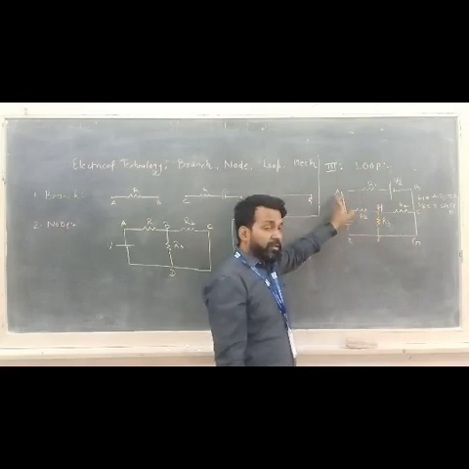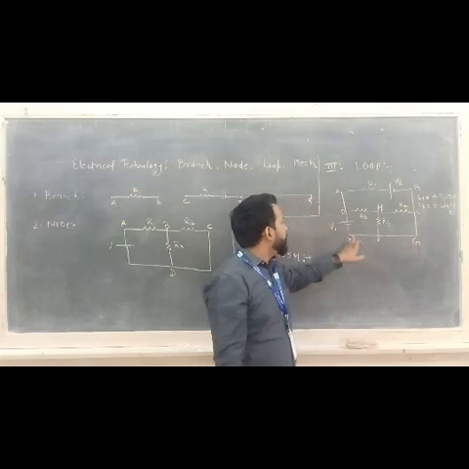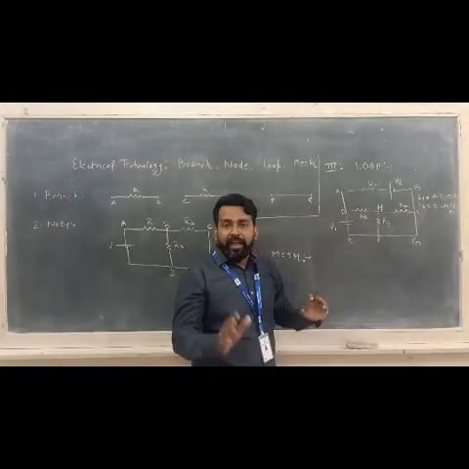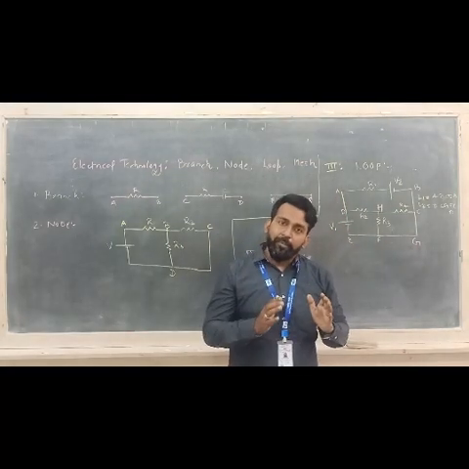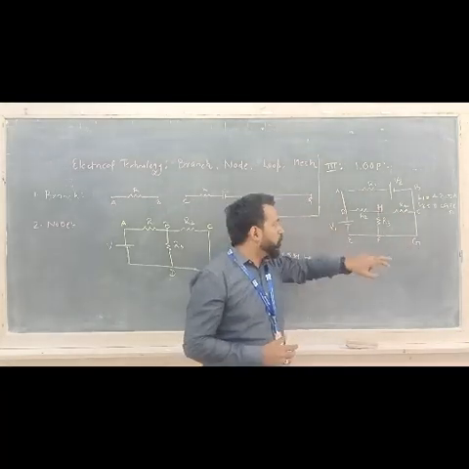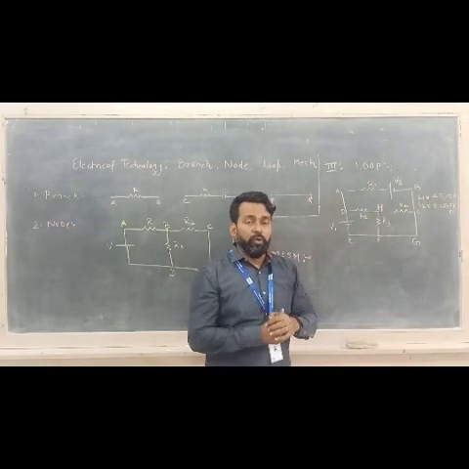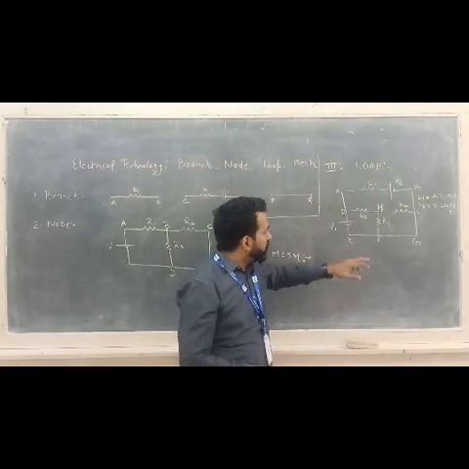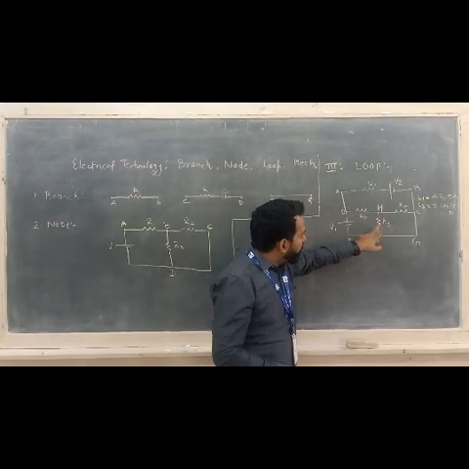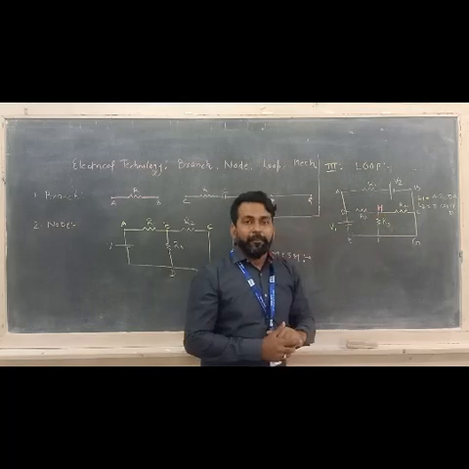So the largest loop, the outer loop, cannot be termed as a mesh. It is a loop, but it is not a mesh, because it contains 3 smaller loops within itself. Then what can be termed as a mesh? This smaller, individual loop can be termed as a mesh.